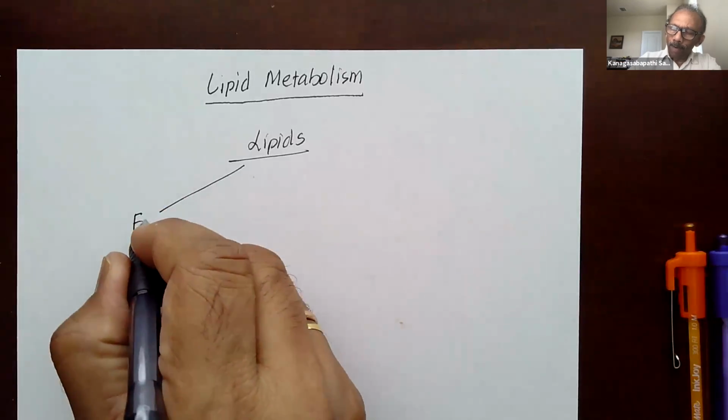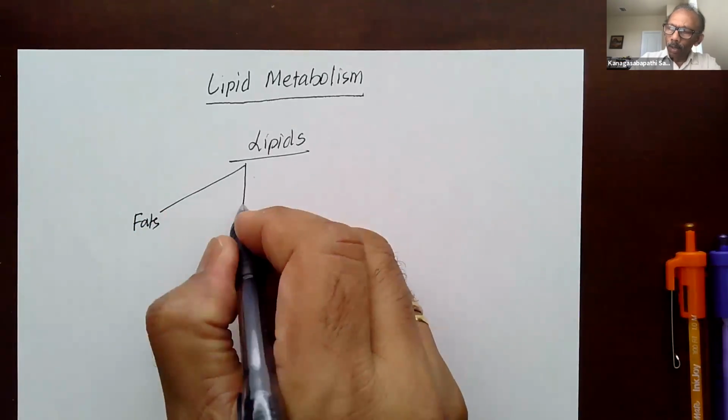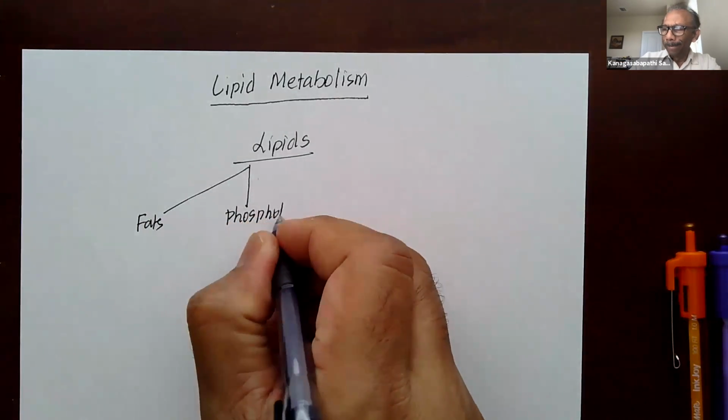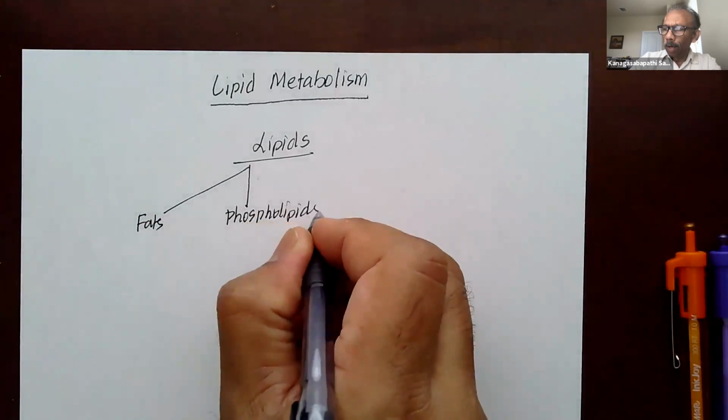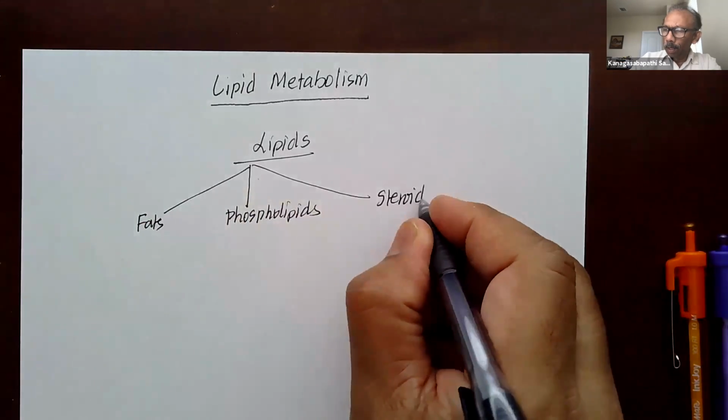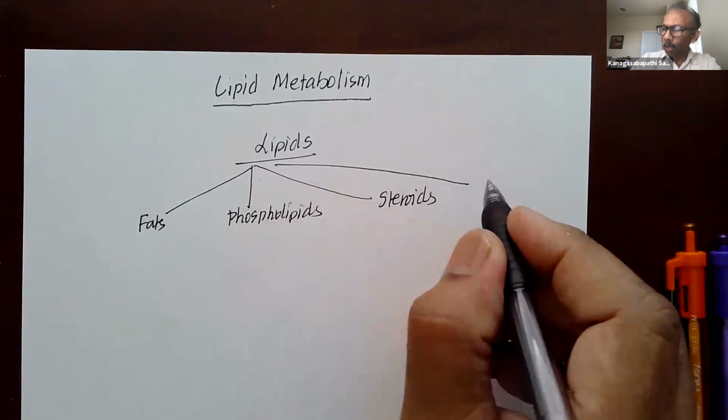You have fats, you have phospholipids, and you have steroids and carotenoids.